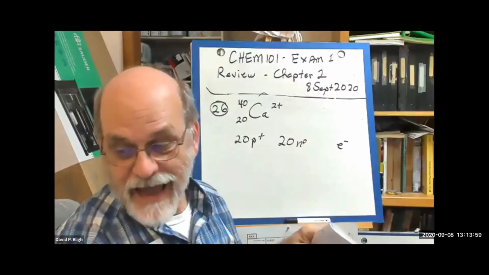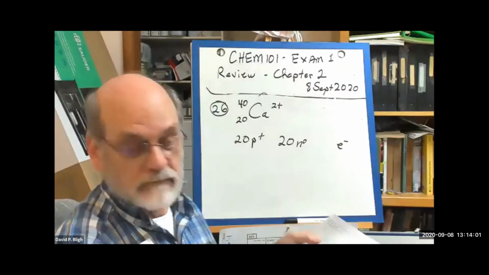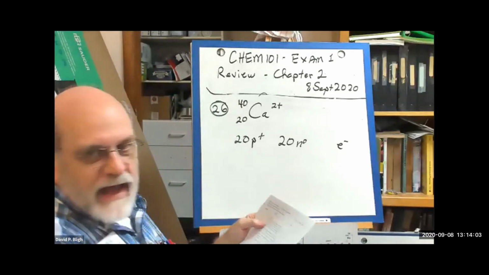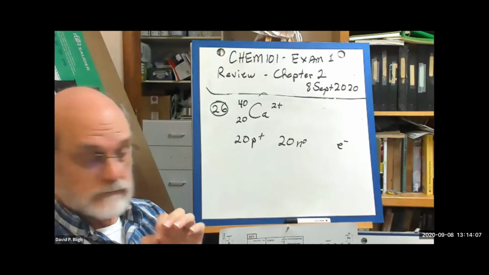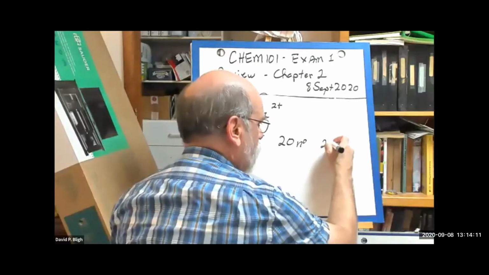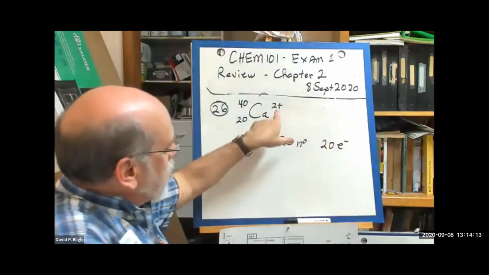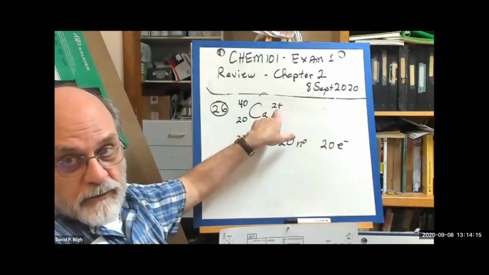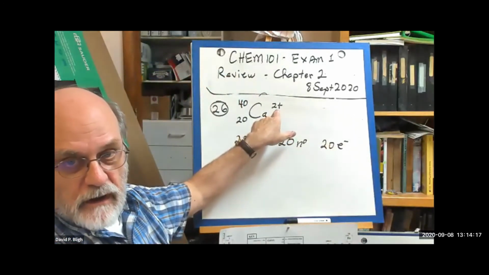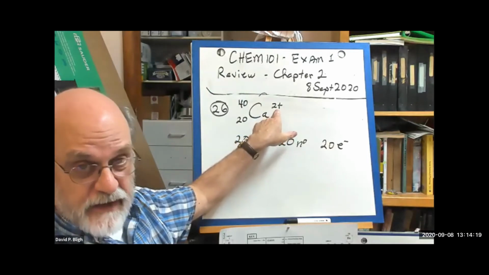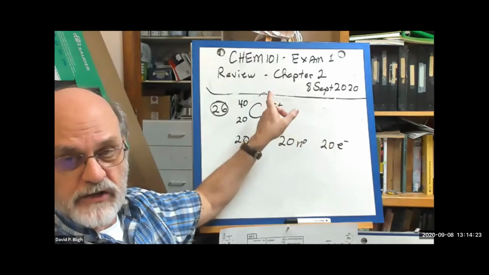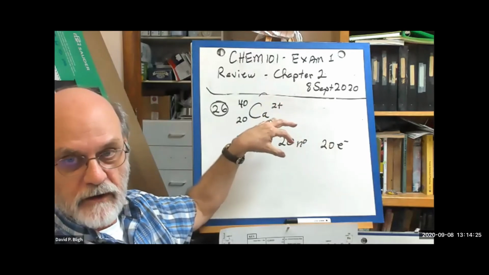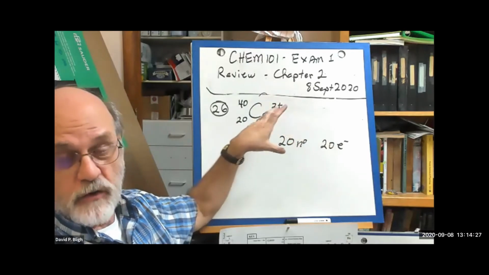The question is, how many electrons? How many electrons would it have if it were neutral? 20. Right, so it would start with 20, but we have an excess of positive charges. And you only get a change in charge through the addition or subtraction of electrons. You can't do it with protons. Why?